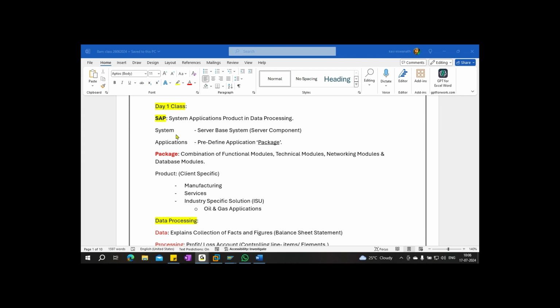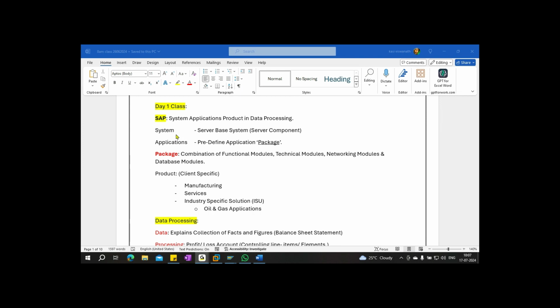I repeat. What is package? Combination of functional, technical, networking, and database modules. Like Tally package, MS Office package. Right? In MS Office, what are the things? MS Word, Excel, PowerPoint, Access, etc. Like SAP, also a package. What type of package? Predefined application package.